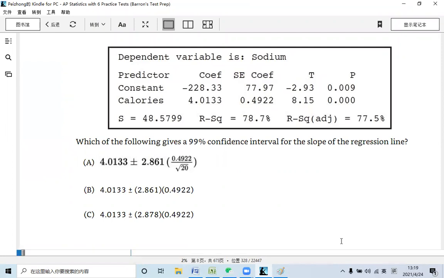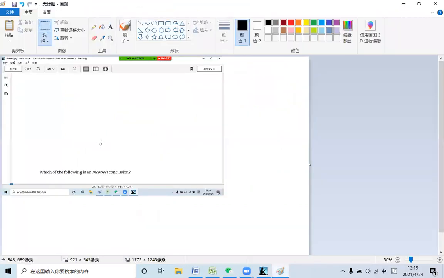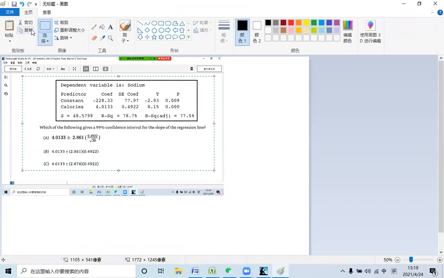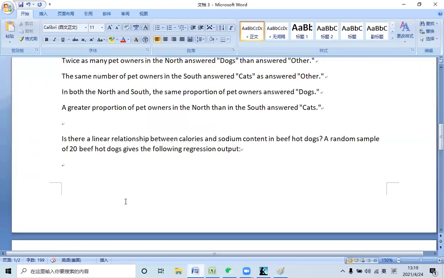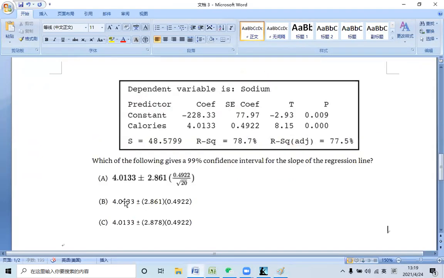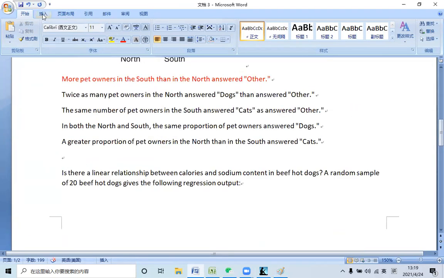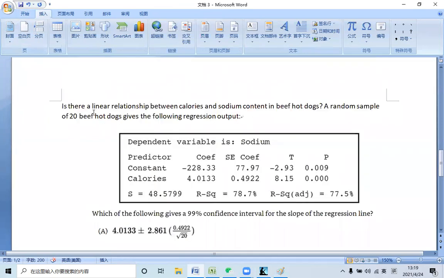And let me copy this one. Yeah, we just talked about this one, right? We were talking about a regression. Dependent variable sodium, predictor variable.